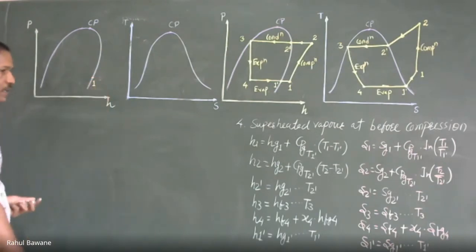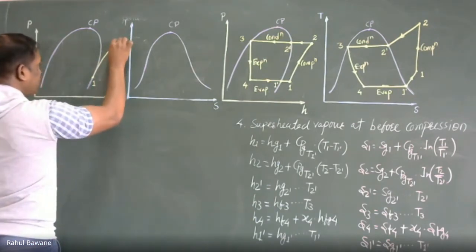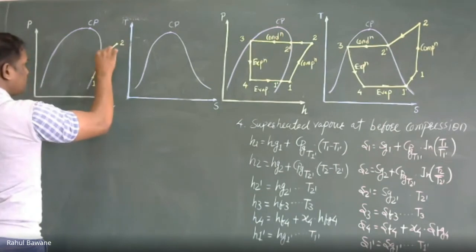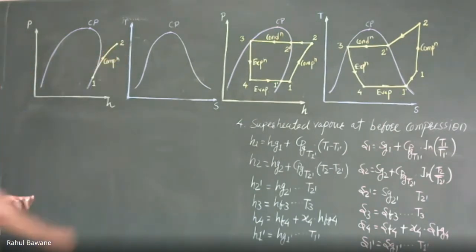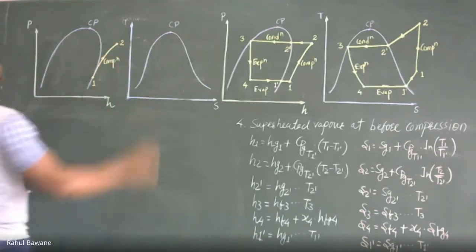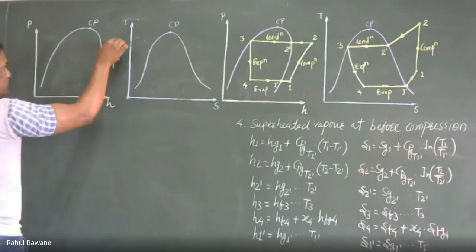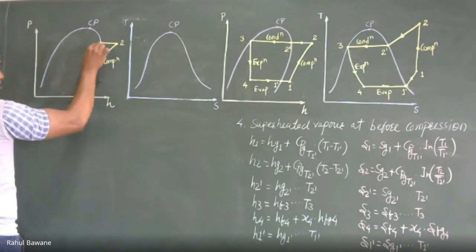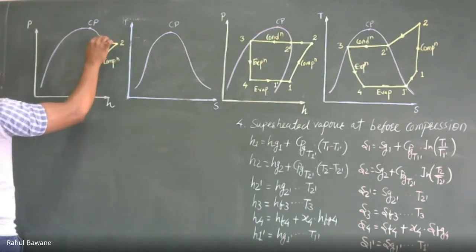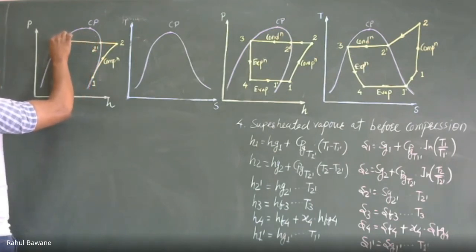This is point 1. After compression, it becomes superheated. This is point 2, the compression process. These superheated vapors pass through a condenser where we first reduce the degree of superheat and bring it to the 2 dash condition. Then after we remove the latent heat, it will be brought to the saturated liquid point at 3 dash.